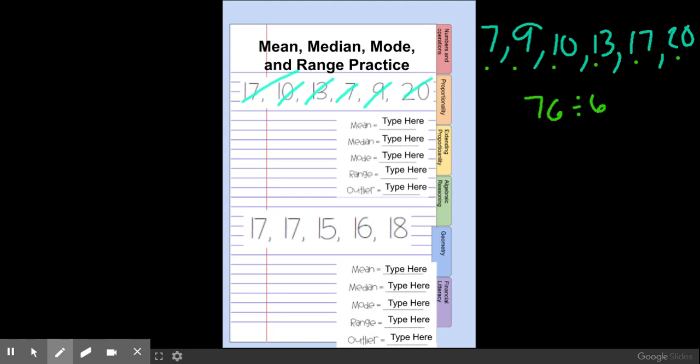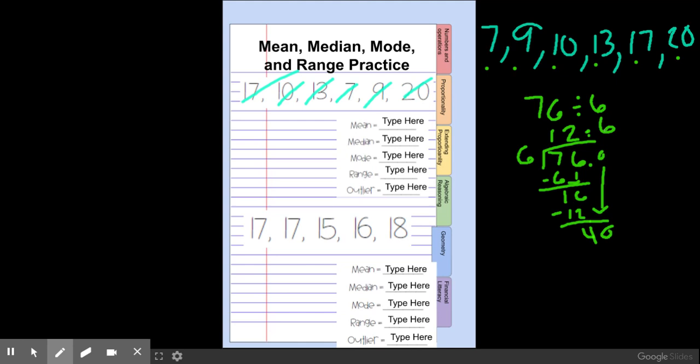to find our mean. So 6 into 76. 6 goes into 7 once. 1 times 6 is 6. 1, bring down our 6. 6 goes into 16 twice. 2 times 6 is 12. 4, we're going to add a decimal and a 0, so we can bring down the 0. 6 goes into 46 times. 6 times 6 is 36.